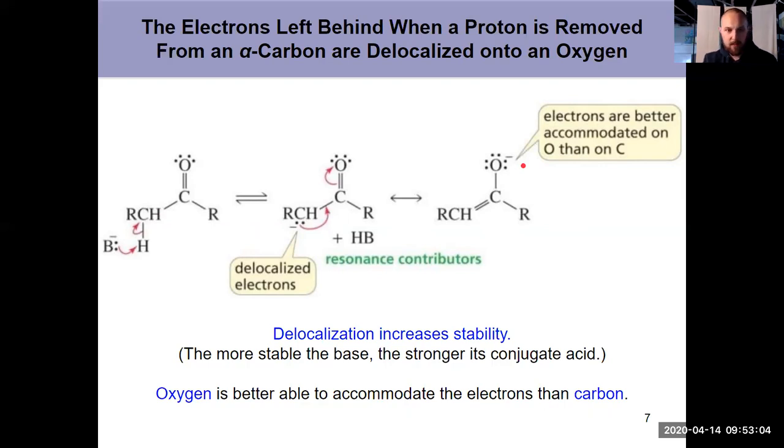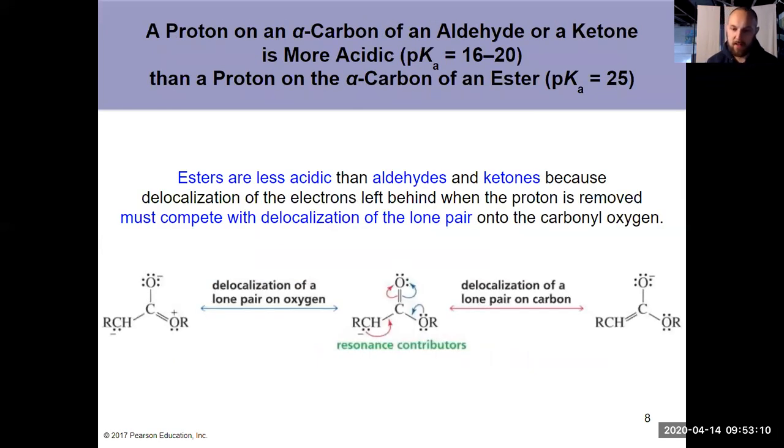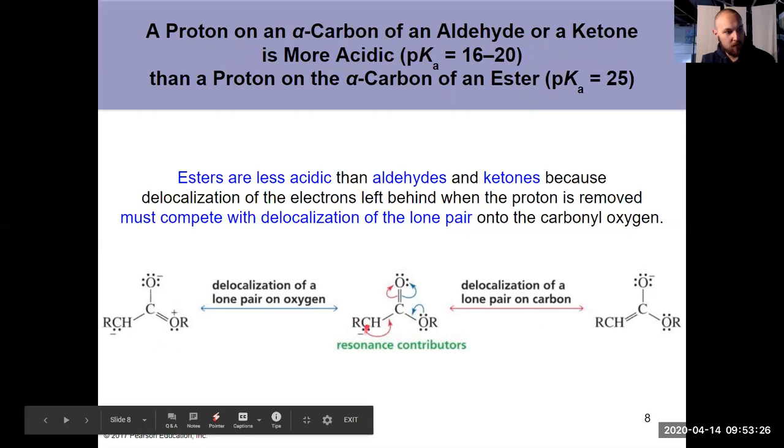But the next question we need to think about is, why were aldehydes and ketones more acidic than esters? Those aldehydes and ketones, 16 to 20, esters about 25. And the reason for that is when we have an ester, we have some competition. Here, this is showing deprotonation in the alpha position, right?